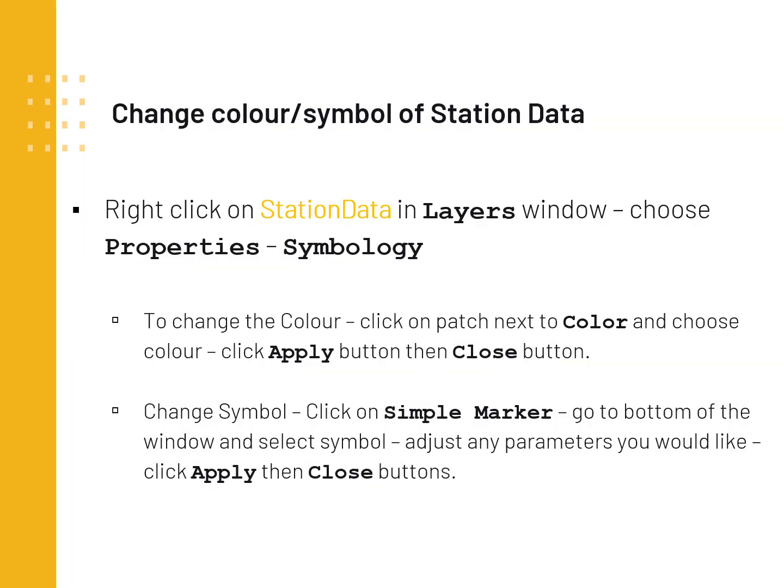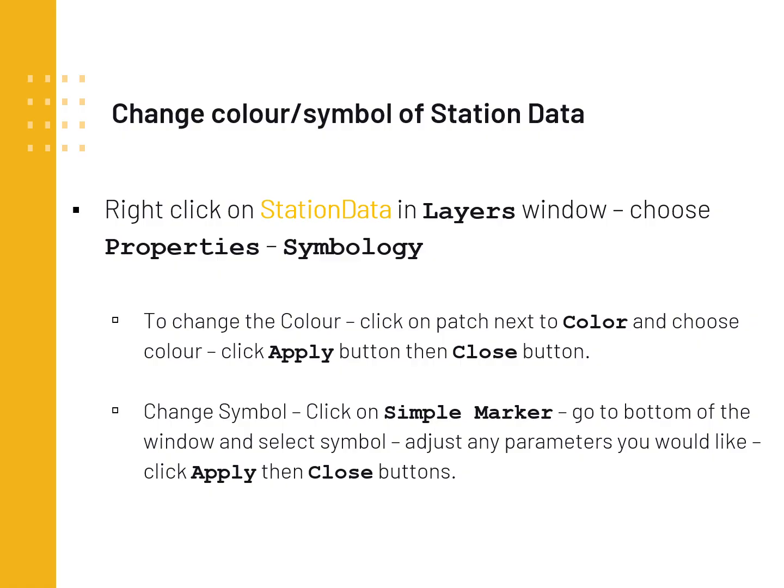Next, I'm going to show you how to change the color or the symbology of the station data. To do this, you're going to right-click on Station Data in the Layers window on the left-hand side of your page. It's going to bring up a pop-up. You're going to choose Properties and Symbology.